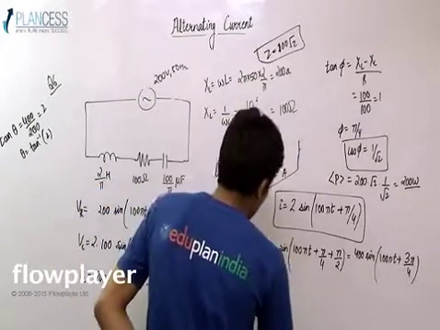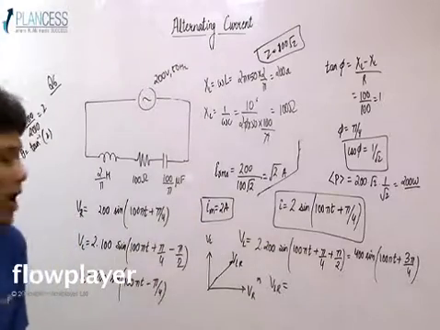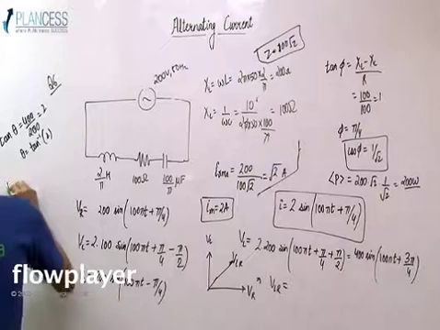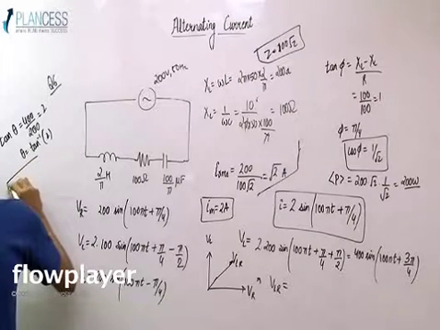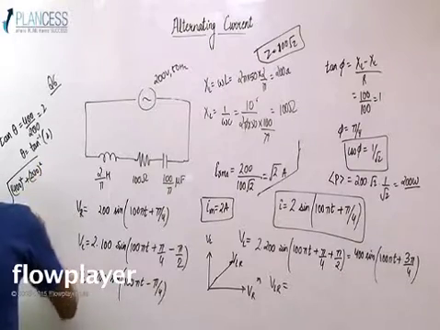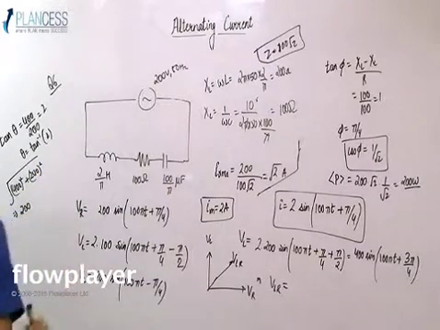So VLR maximum is the root of VL squared plus VR squared, that is root over 400 squared plus 200 squared, which would be 200 root 5.